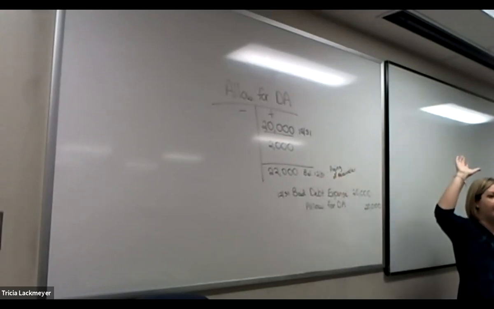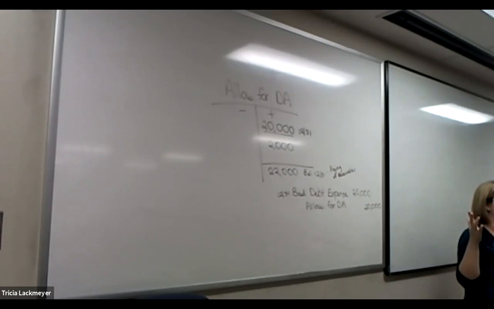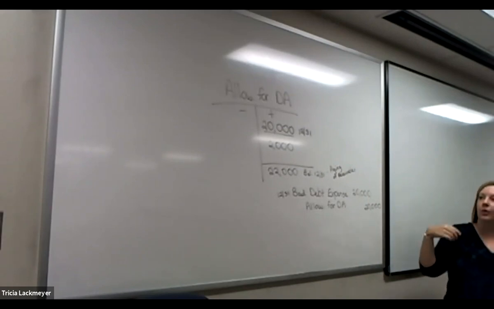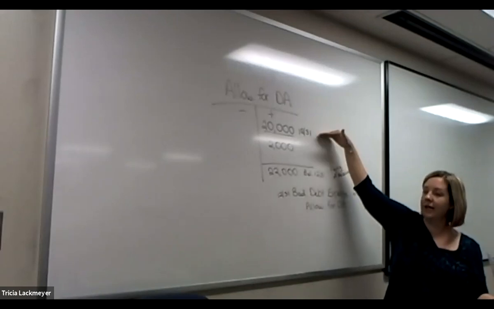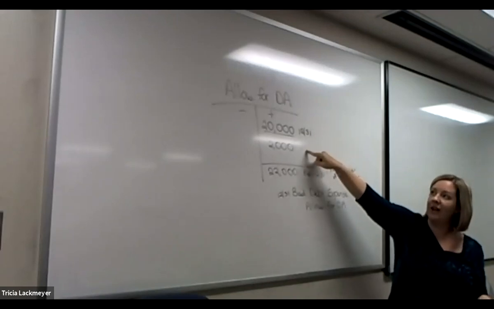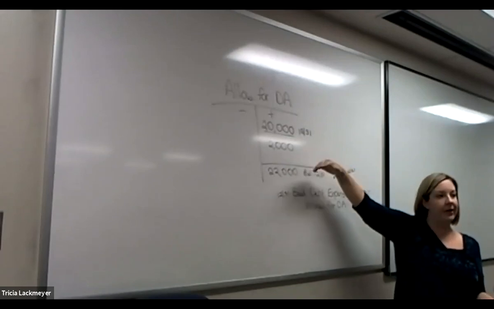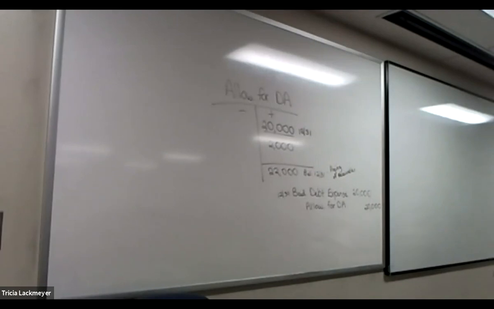We said, out of all the accounts receivable, we think $22,000 is uncollectible. Well, it already had a credit balance, so I subtracted to get my adjusting entry. So when allowance for doubtful accounts has an existing credit balance, remember you subtract to get how much you're adjusting.